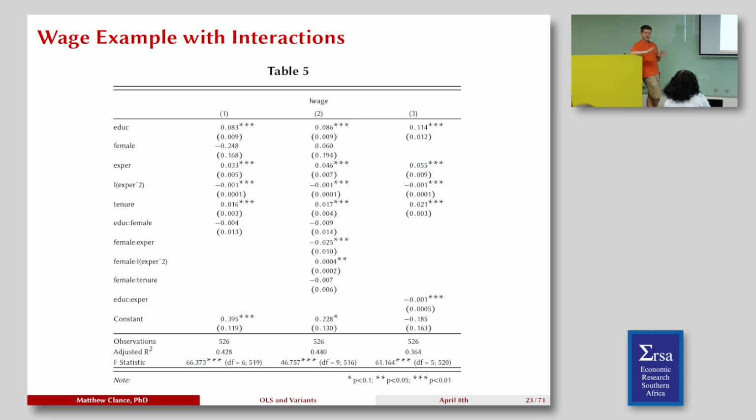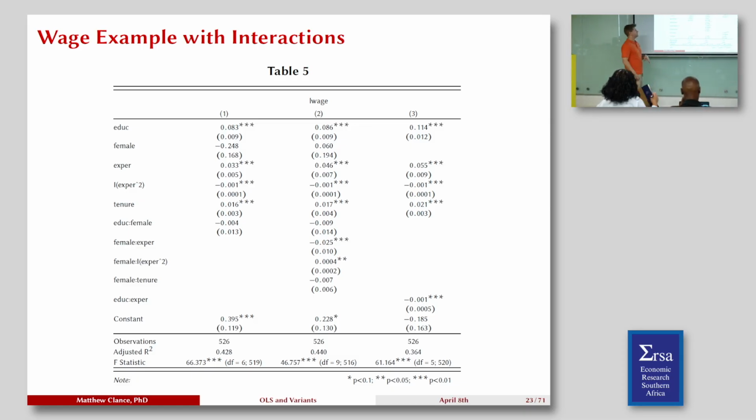Every time you do an interaction, you are changing the question you're asking. You have to be clear that this setup is the question you're looking for, not just that it's fun to throw in a bunch of interactions because it improves my R squared or something else. You have to make sure it's not fundamentally changing what you're looking at.